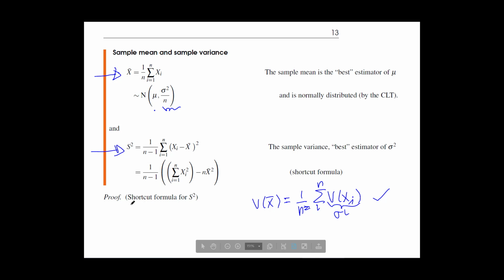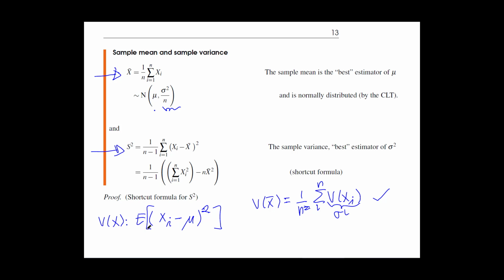But remember that the variance of x, just by definition, is the expected value of (xi minus mu) squared. That's the definition of variance. Now, we've said many times that the expected value is like the average.